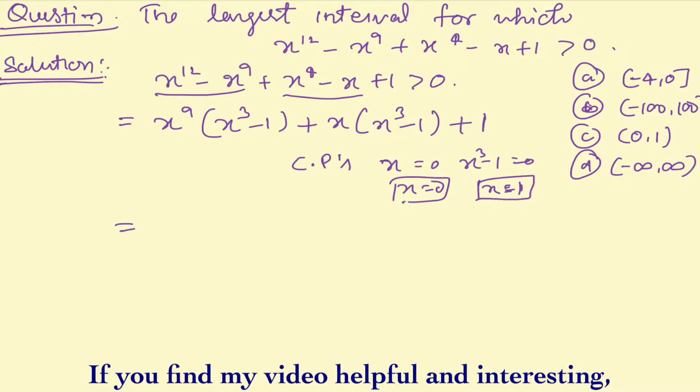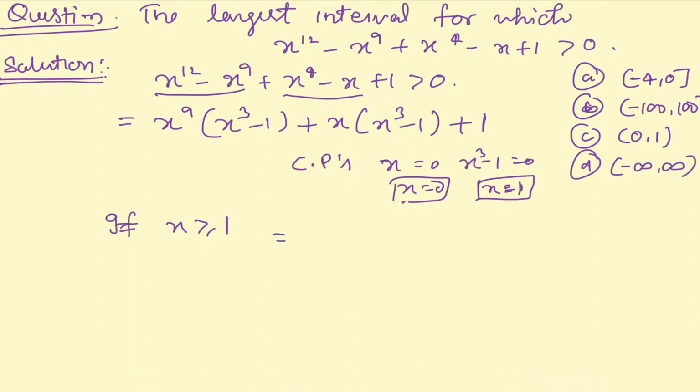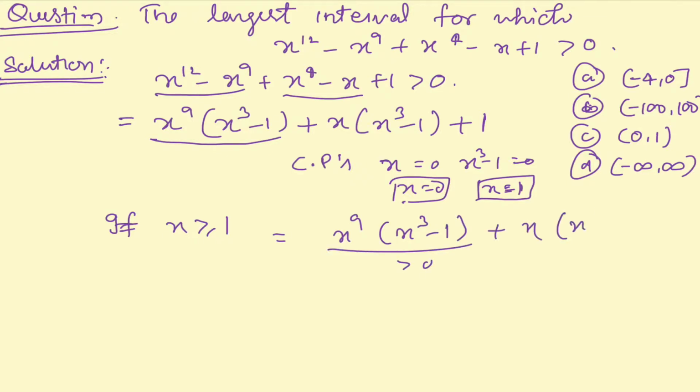So if x is greater than or equal to 1 here, this thing will be positive, that is, x to the power 9 times x cube minus 1 will be greater than 0, plus x times x cube minus 1, this will also be greater than 0, and plus 1.